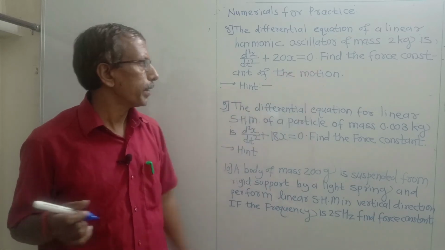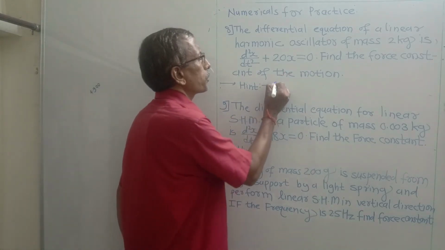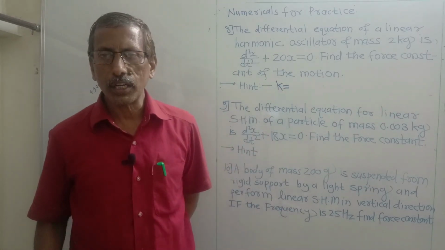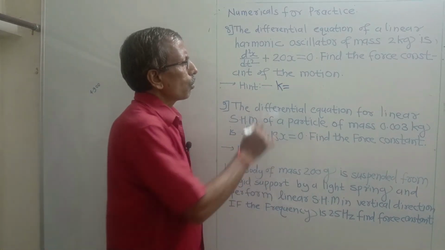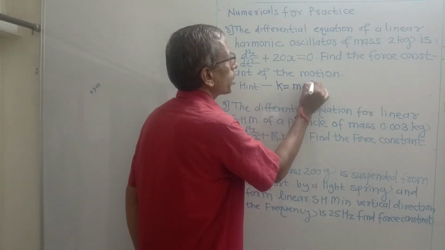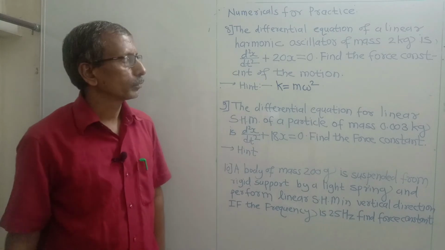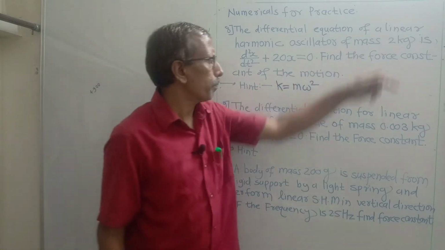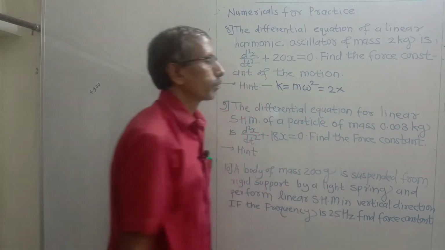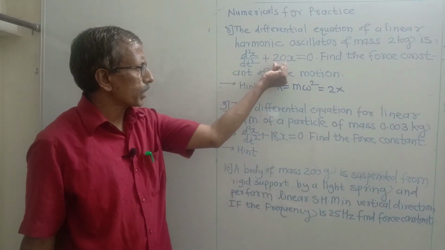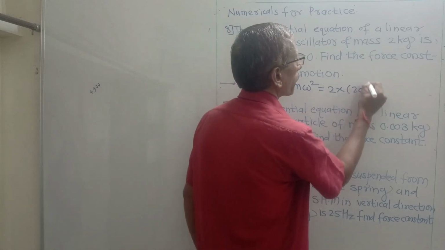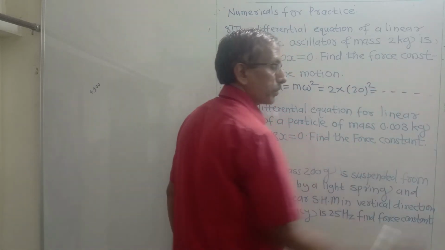What we have to find? Force constant. What is given? Differential equation. So which formula? K is equal to m omega square. Put the value of m, 2 kg. Value of omega square is 20. Then find the answer.